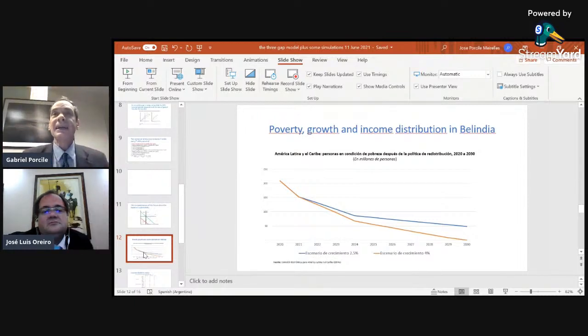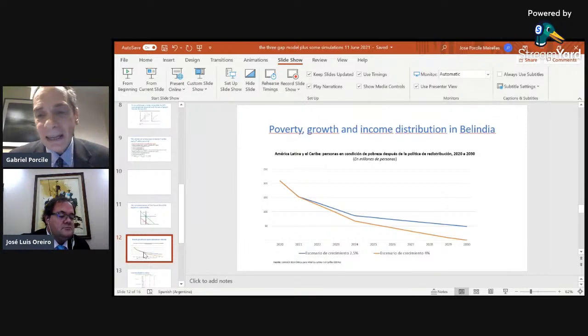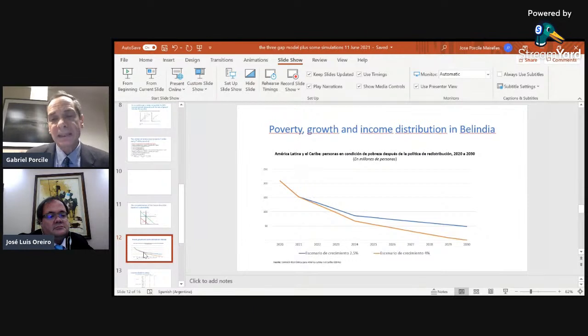This is our social equilibrium rate of growth. We did the following. We considered the fall in poverty associated with the increase in employment and the fall in poverty associated with monetary transfer policies.